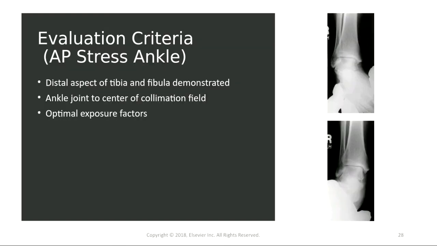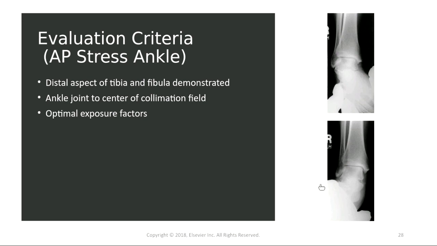When we look at the images, on this top image, this is an inversion. The foot is being stressed inward. This is eversion, where the foot is being stressed outward. Again, both on the right, so bending it in, bending it out.